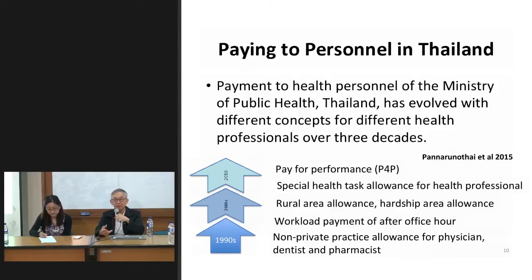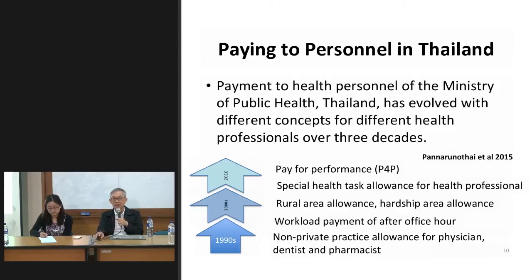Then we introduced a non-private practice allowance for physicians, dentists, and pharmacists. This is a flat rate payment to those who declare that they will not work in the private sector, and they get the additional allowance for this.